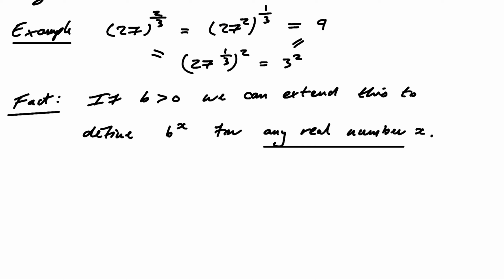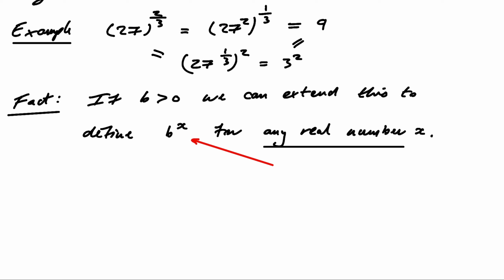And I should say as well, something to notice about this, b to the x: if b is positive, b to the 1 is positive, b squared is positive, b cubed is positive, b to the 4 is positive. The negative versions of those, so b to the minus 1, to the minus 2, to the minus 3, those are all positive because they're just inverses of these positive numbers.